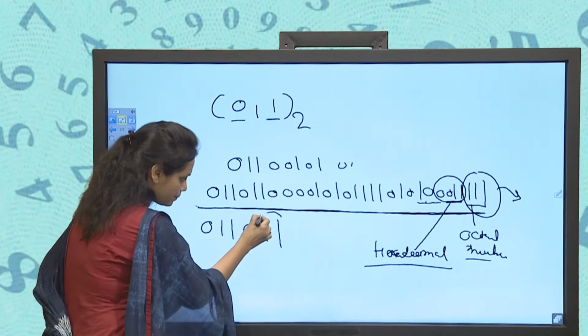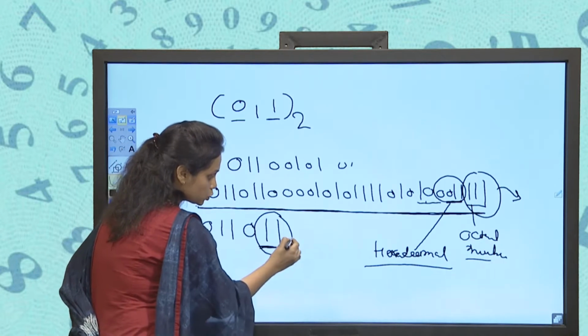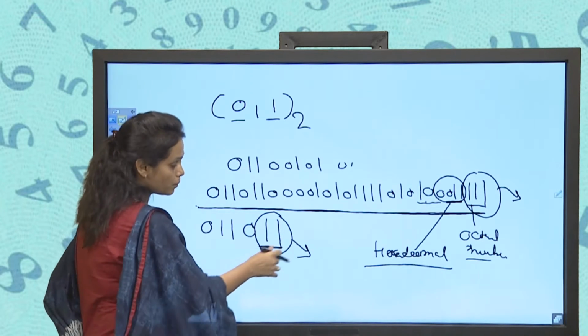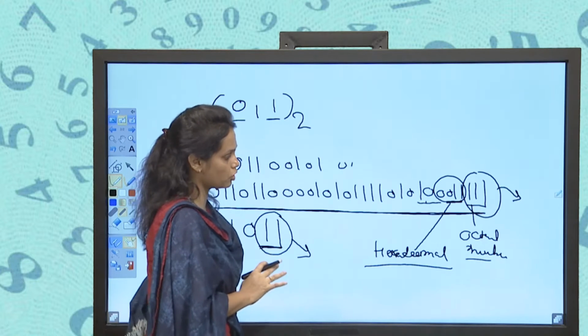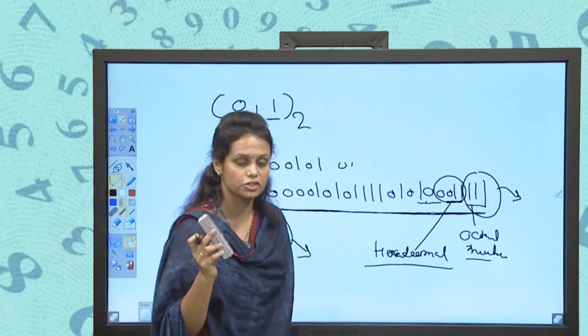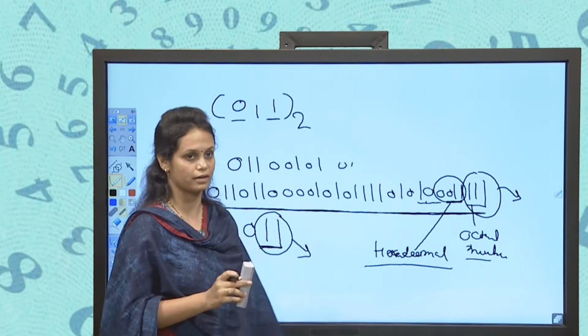If we make groups of 2, it will not give us too much advantage for the representation, and not too much effect on the storage. And that's why we normally use octal and hexadecimal numbers. Octal is the collection of 3 binary digits and hexadecimal is the collection of 4 binary digits.